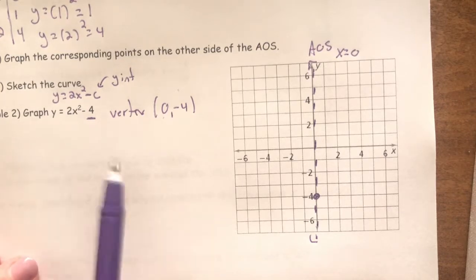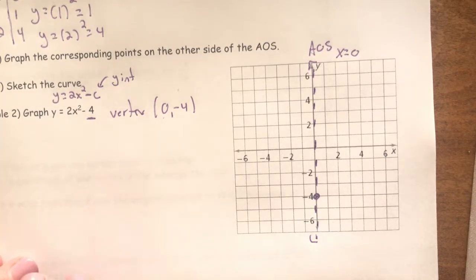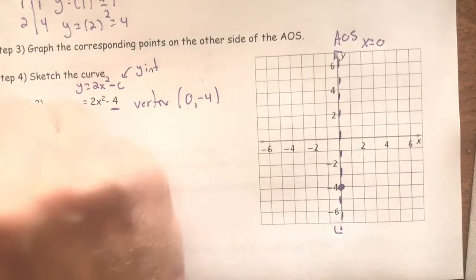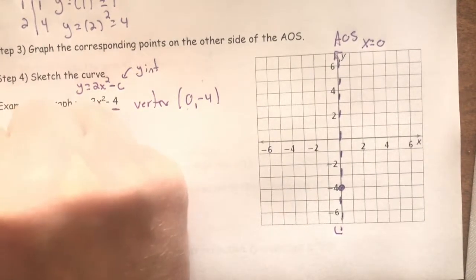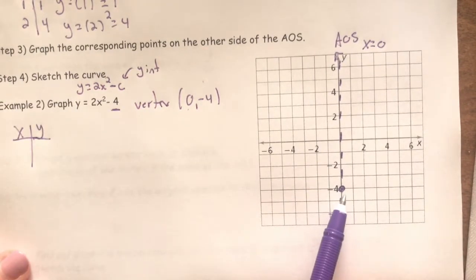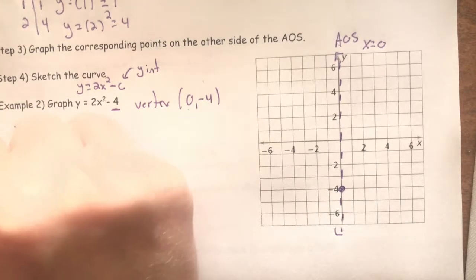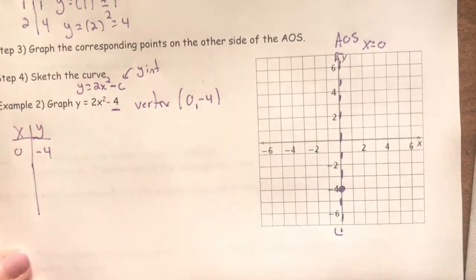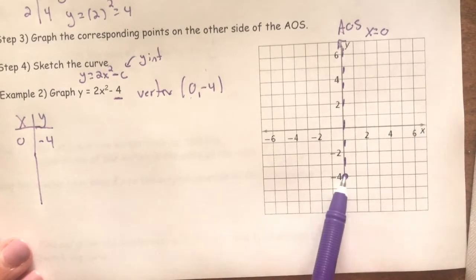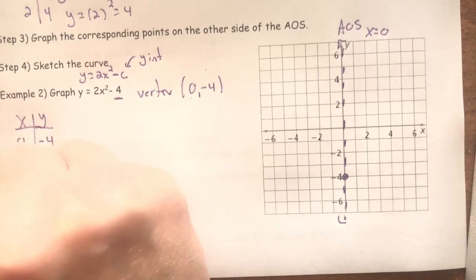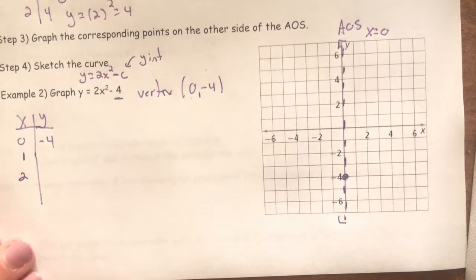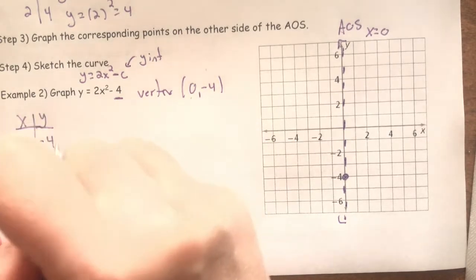You got your vertex. Now you're going to go on to step 2, and make a table of values for x and y. You're going to put your vertex in there. We have 0 and -4. And you're going to plot several values to one side of your axis of symmetry of x equals 0. Again, I like to choose the positive numbers, so I'm going to plug 1 and 2 in for x and calculate that out.